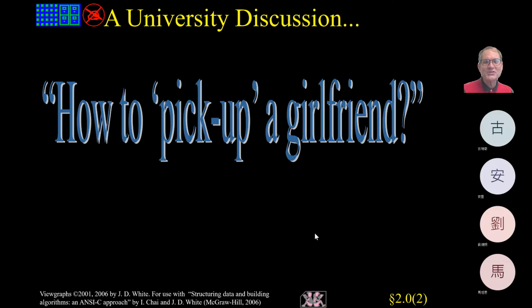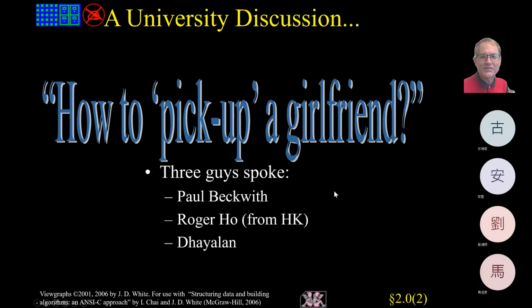This was a discussion that we had at university. We had 4 of us discussing, and I think each person had a different idea. There was me, who said, you don't need a girlfriend, just study.